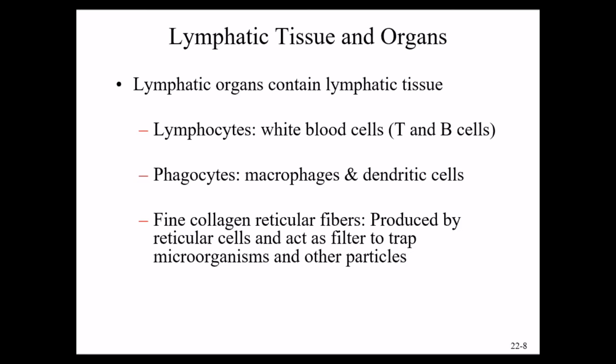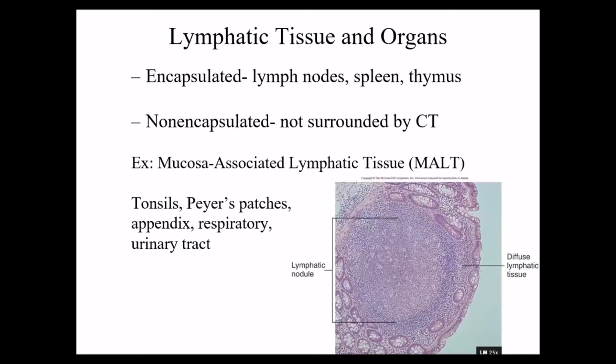So they help to trap particles, microorganisms, broken down cells, old cell debris, those types of things. It's kind of like a filter that you would have in your house that traps air particles or dust in the air. That's what this is doing. It's trapping particles as the lymph fluid flows through it.